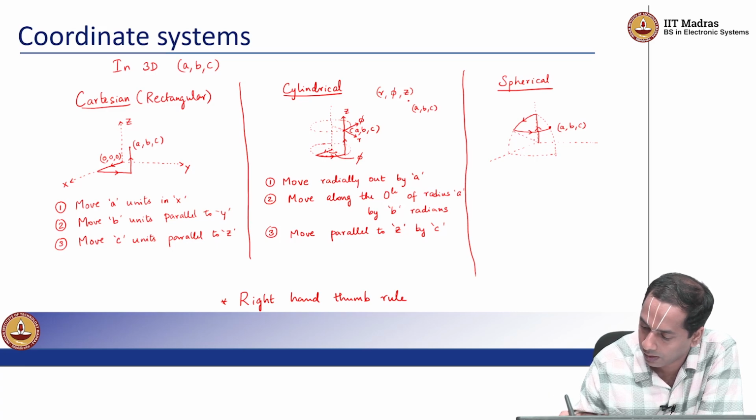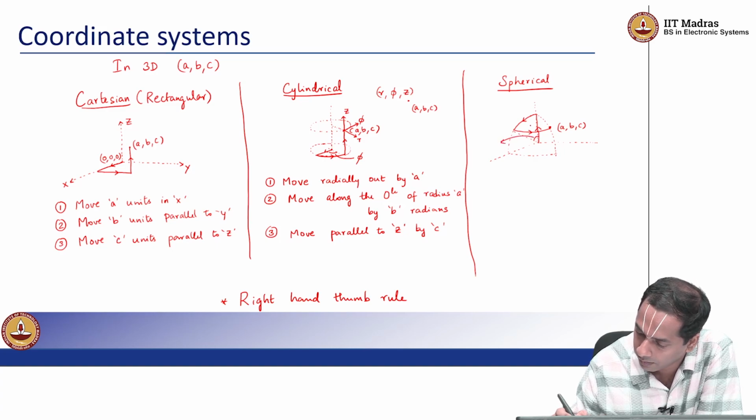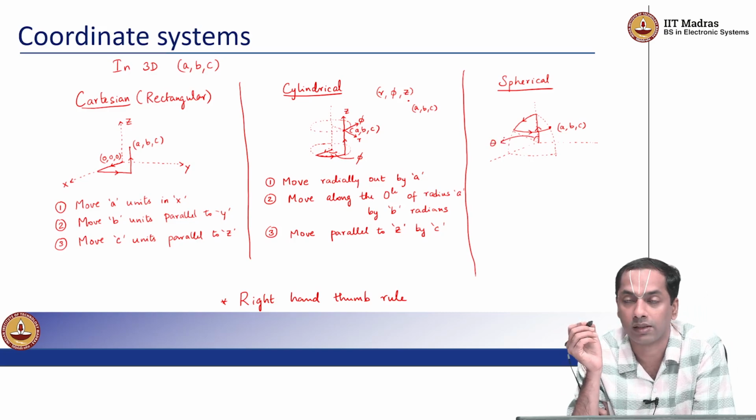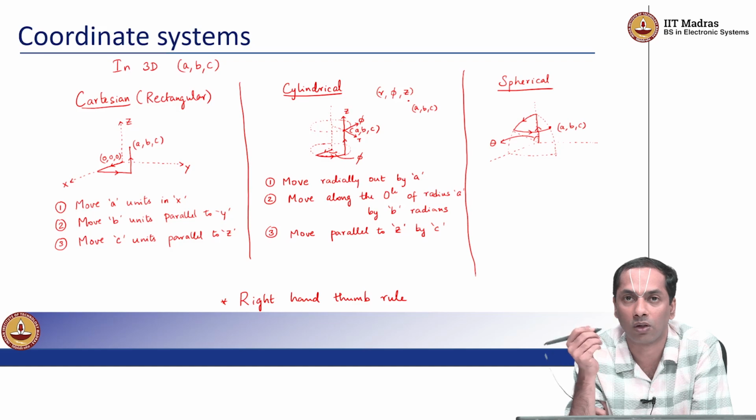So this is the second. So that is your theta, that is your latitude, right? So you specify the radius first, A units, and then you have the latitude, which is the angle from the North Pole, right?